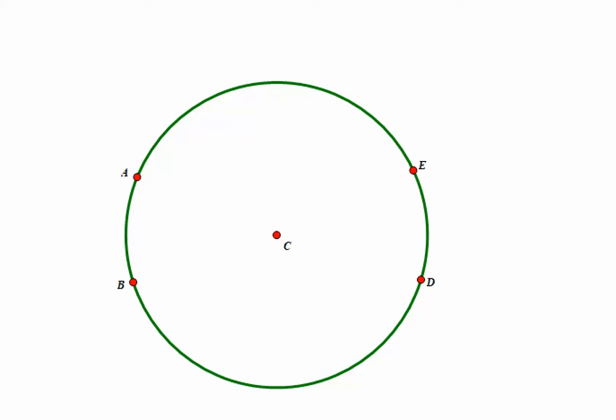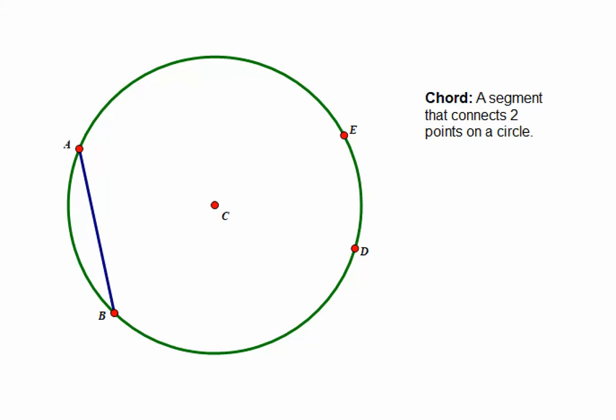Now let's look at some additional segments that we can draw in a circle. On the last page, all of our segments went through the center. In this case, I'm just going to look at other points that don't include the center. For example, I could connect points A and B. AB is a chord, as it connects 2 points on a circle. ED is also a chord, as it connects 2 points.